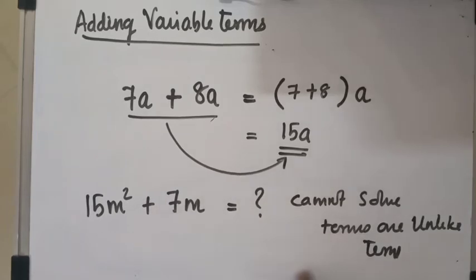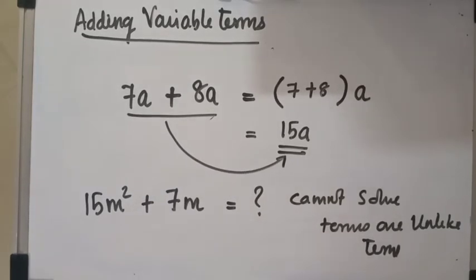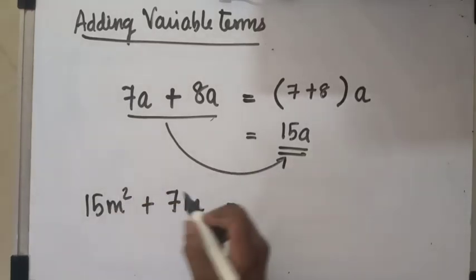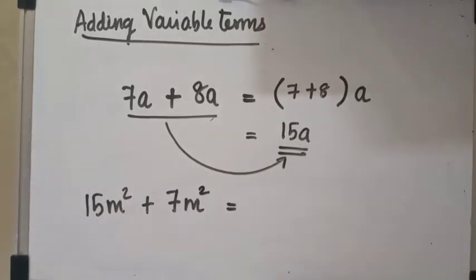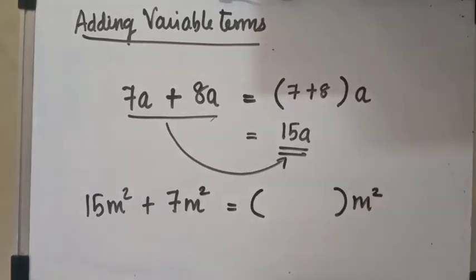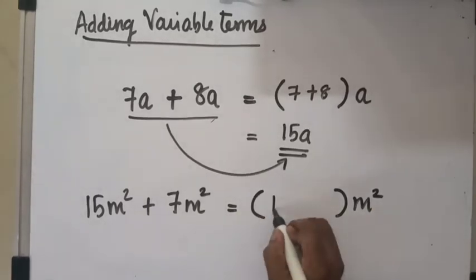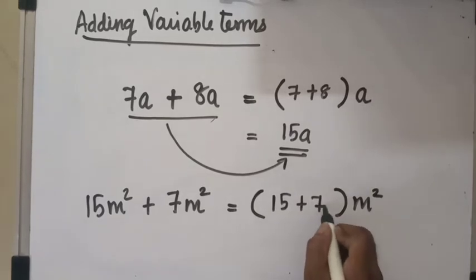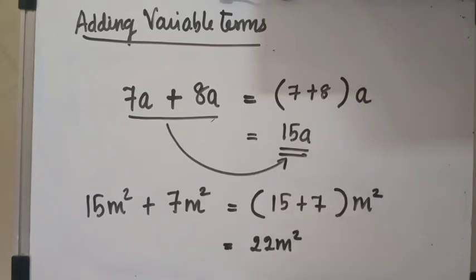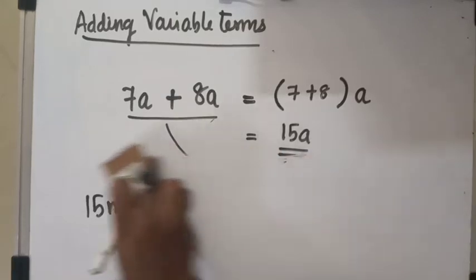As these terms are unlike terms, you cannot add them. But say in case instead of m, this is m square, then what you can do? You can take common factor m square outside, and 15 and 7 you can add up. So this gives you 22m square. Okay children, so this is how you're going to add variable terms.